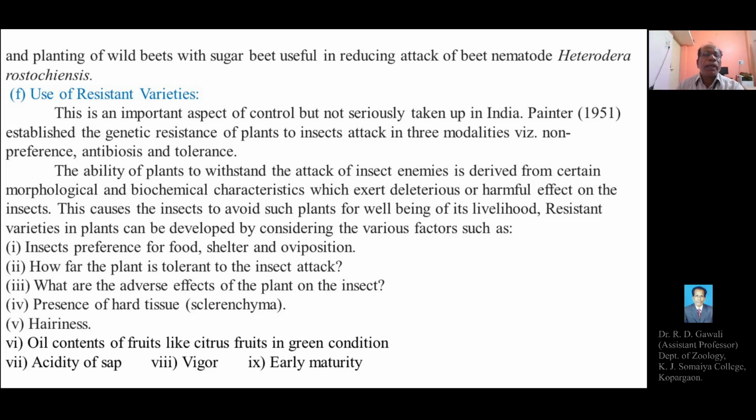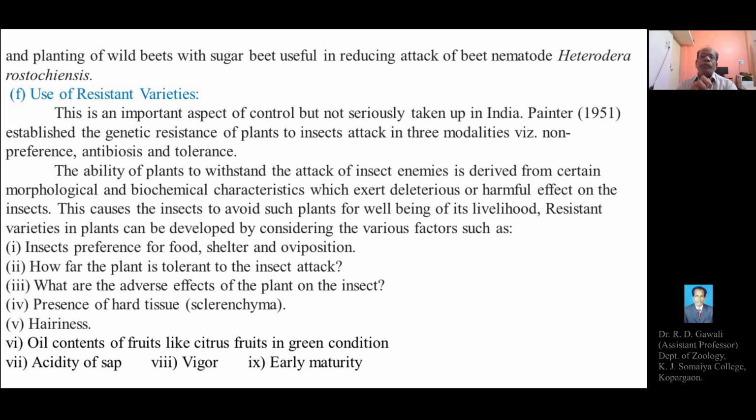So this is about the trap crops or the secondary crops. Then the next cultural practice is use of resistant varieties. This is an important aspect of control, but not seriously taken up in India. Painter in 1951 established the genetic resistance of plants to insect attacks in three modalities: non-preference, antibiosis, and tolerance.